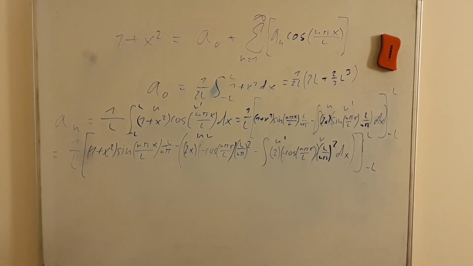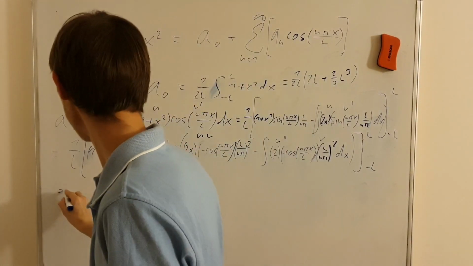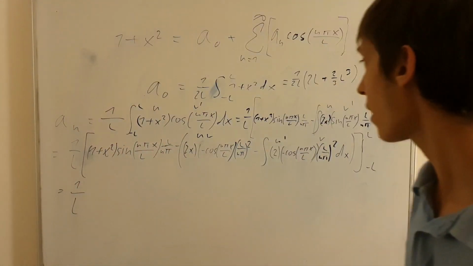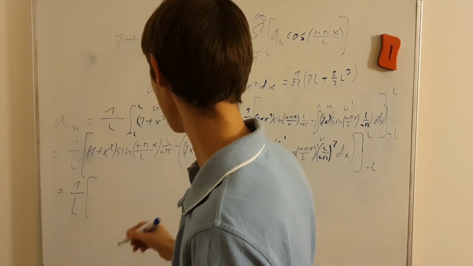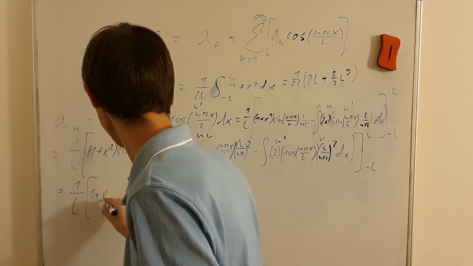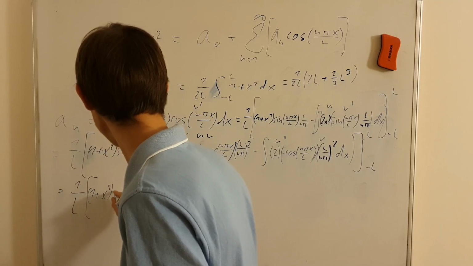Alright, and we're finally getting almost to the complete end. So it's 1 over L, then I'm writing this part just because it's not the end yet, I'm just keeping this for the sum up to the end.